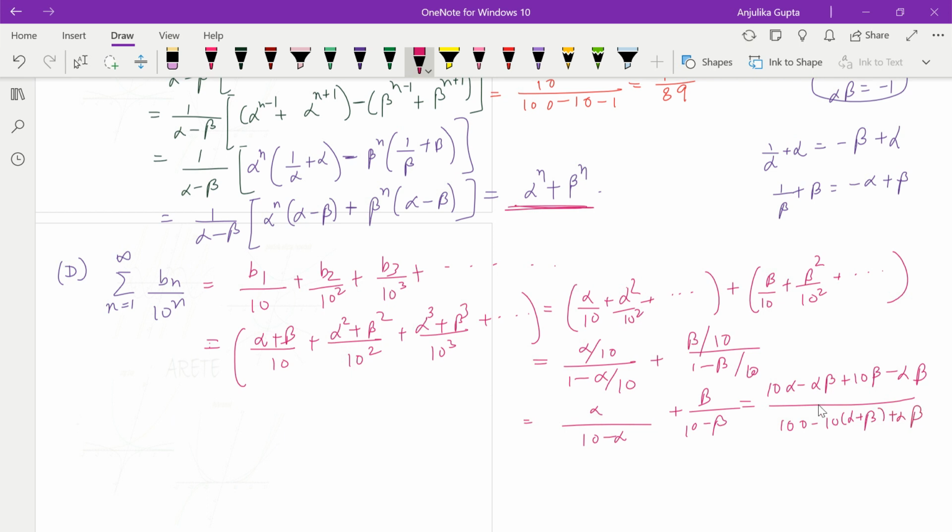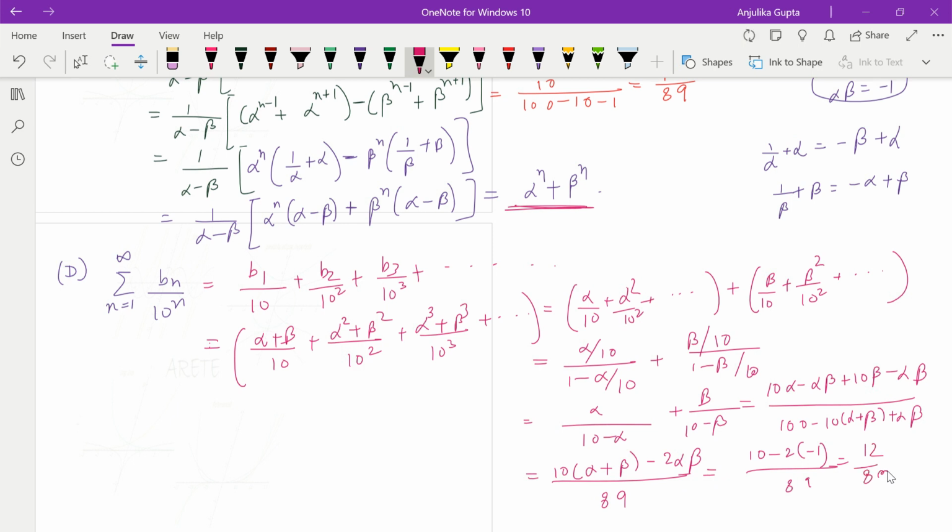Now what we have is 10 times alpha plus beta minus 2 alpha beta, divided by what, if you remember, came out to be 89. Now the numerator: this is 10 minus 2, and alpha beta is minus 1. So I'm getting 12 by 89.